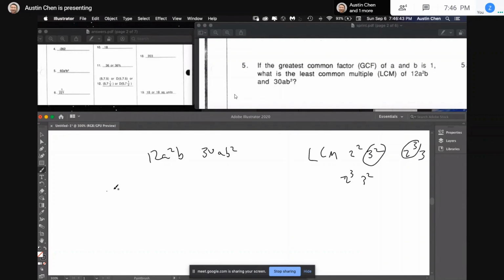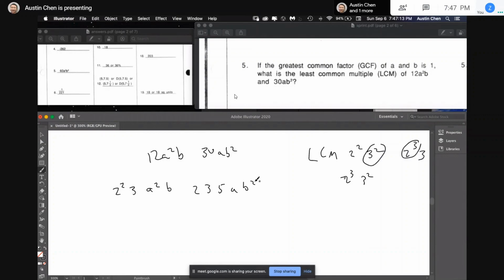Actually, sure, let's do it that way. The prime factorization of 12 is 2 squared times 3, and 30 is 2 times 3 times 5. Then we have a squared b and ab squared, but we don't know what a and b are going to be.